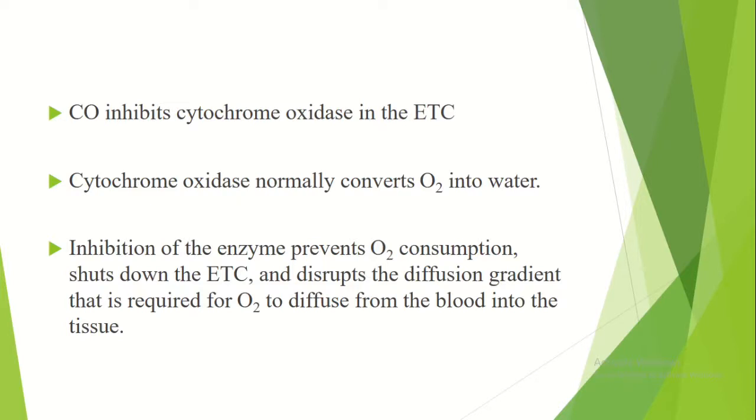Recall that oxygen diffuses down the concentration gradient from the alveoli into the arteries and then from the arteries into the tissue. And the constant consumption of oxygen by the tissue is going to maintain this concentration gradient, and this will allow oxygen to diffuse from the blood into the tissue. So if oxygen is not consumed by the organ, this is going to disrupt this concentration gradient and oxygen is not going to diffuse into the tissue.